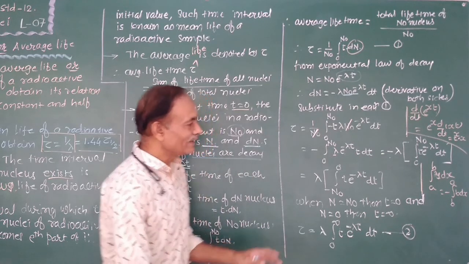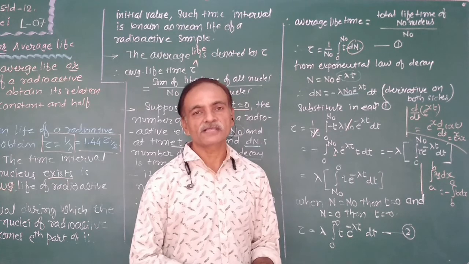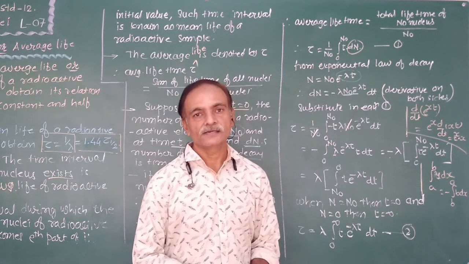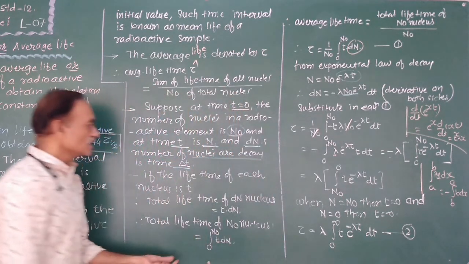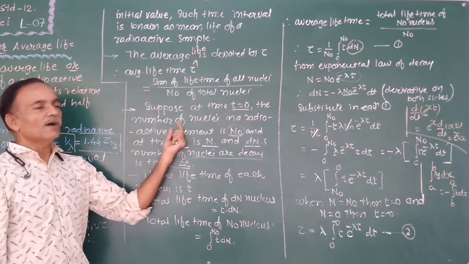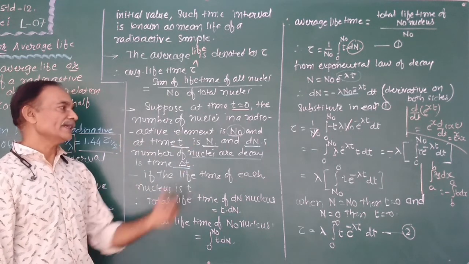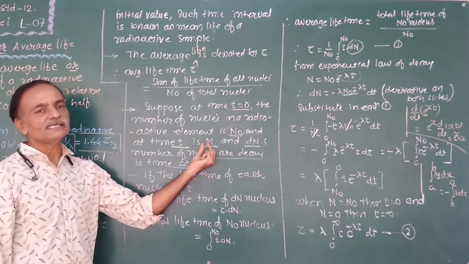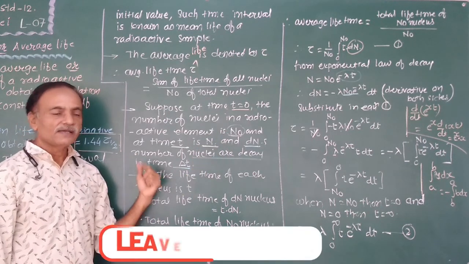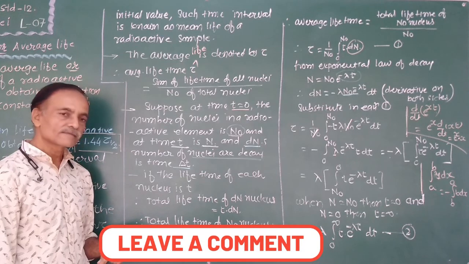This is quite difficult because your concept of integration is still not clear, so again I repeat it. Suppose at time t equal to 0, the number of nuclei in the radioactive element is n0, and at time t the number of nuclei is n, while dn is the number of nuclei that decay in the time interval dt.